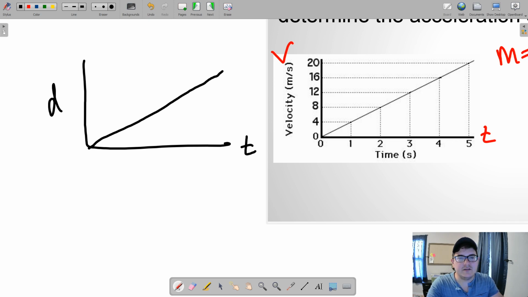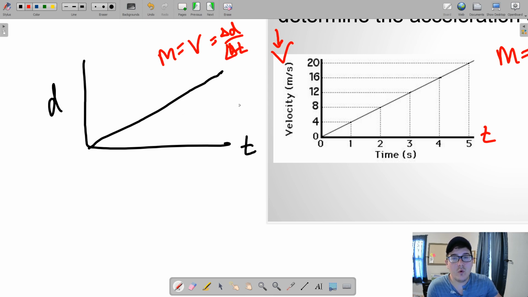Both of these could look exactly the same, but where do I find my information? In a velocity versus time graph, the velocity is your y values. But in a displacement versus time graph, the slope is velocity. And how do we know that? That's because that's change in displacement over change in time.